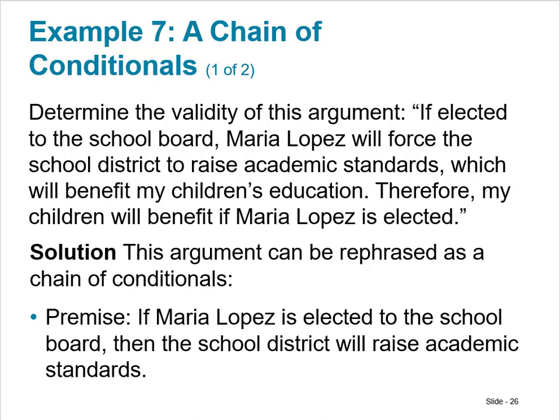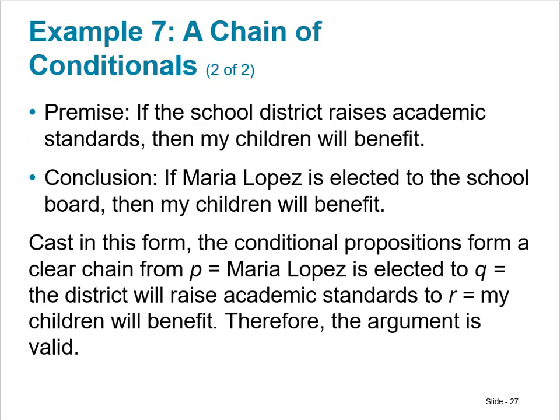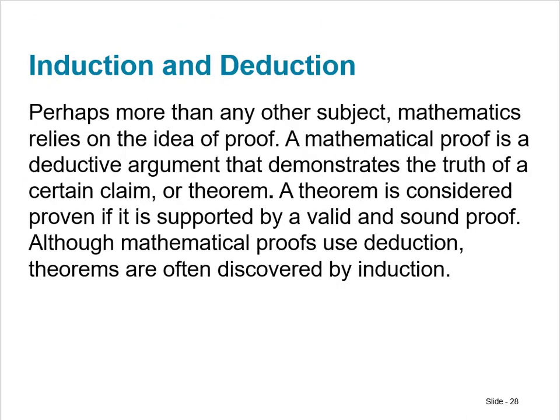Academic standards being raised will benefit my children. Therefore, if she's elected, it'll benefit my children. You see how we turn those into 3 if-then statements? So if we put them all into their statements of P to Q and Q to R, we can see that the argument is valid.